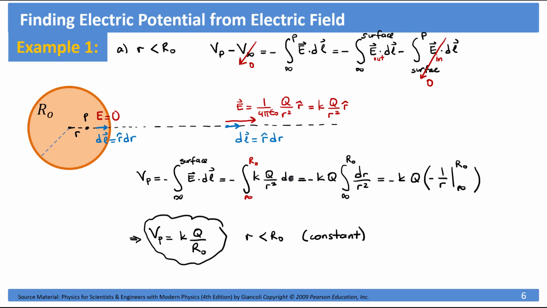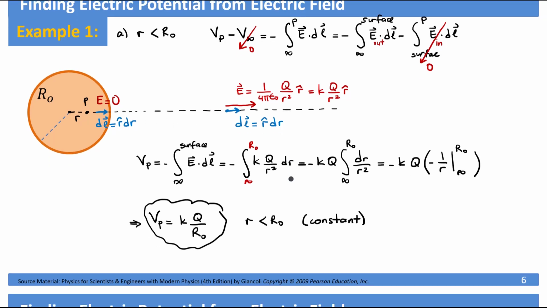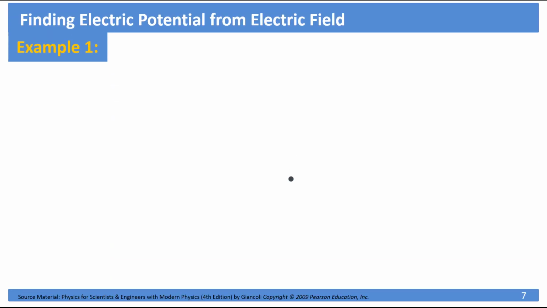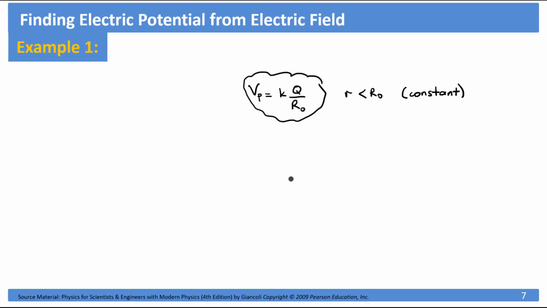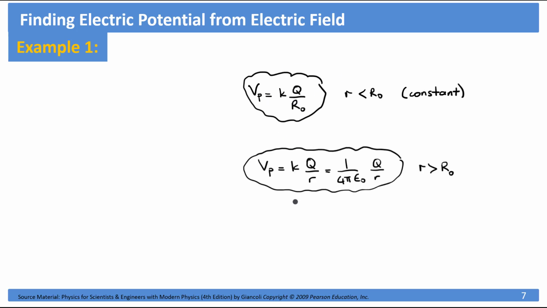Okay, now that we know the electric potential inside and outside of this conducting sphere, as a last exercise, let's plot the electric potential as a function of r, the distance from the center of this sphere. And let's do that on a new board. Just to remind you, this is our electric potential inside, which is constant, kq over r0, and this is the electric potential outside, which goes down as 1 over r.